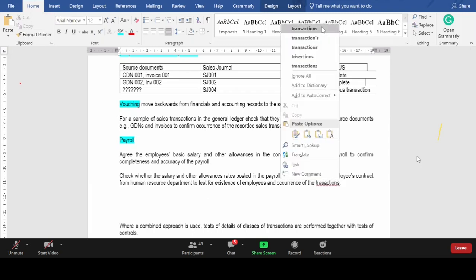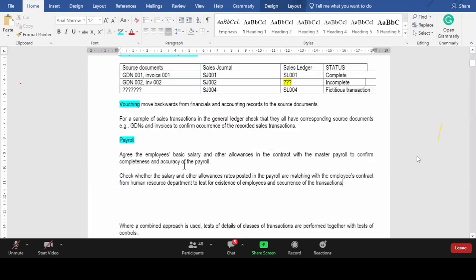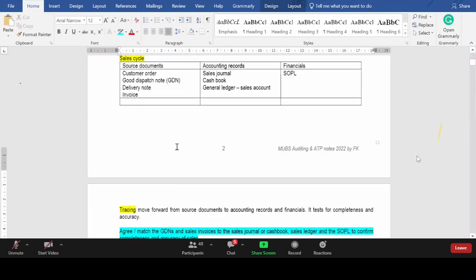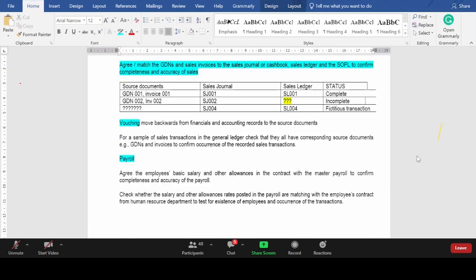So those are inspections. You either move forward or backwards. It's called tracing and vouching. Tracing, you're moving forward. Vouching, you're moving backwards.